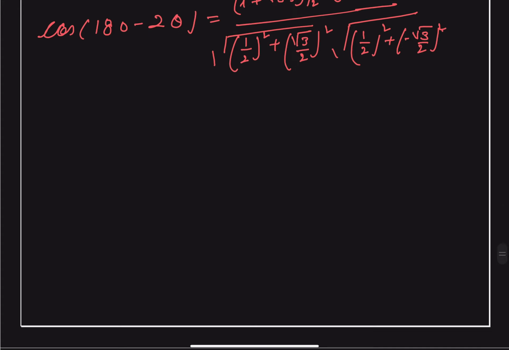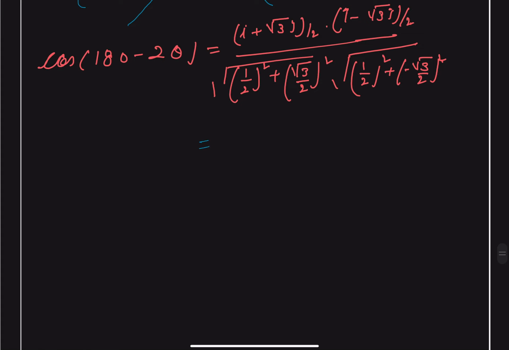Now it is a simple calculation, and this gives us that cos of (180 minus 2 theta) will be equal to minus 1 by 2. From here we can write that 180 minus 2 theta will be equal to 120.